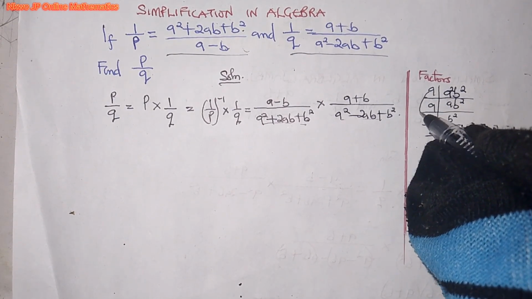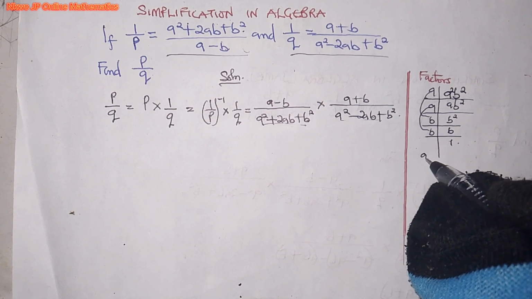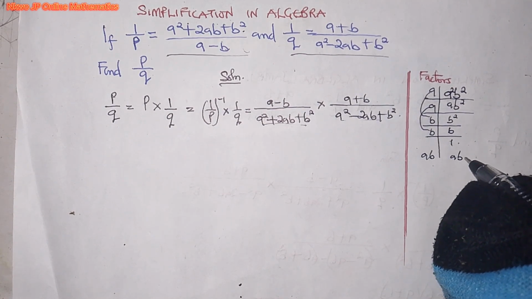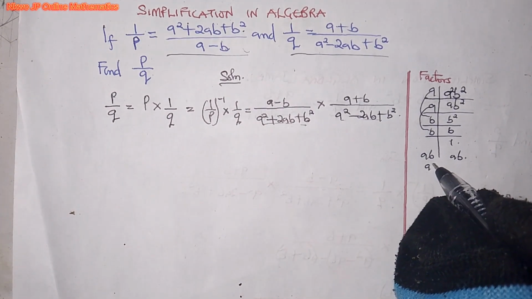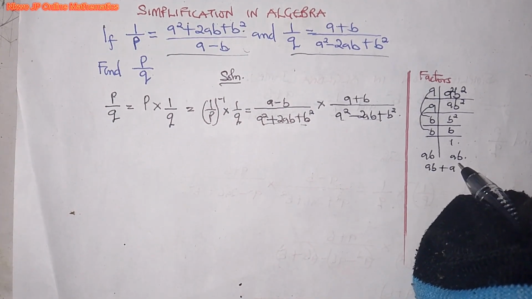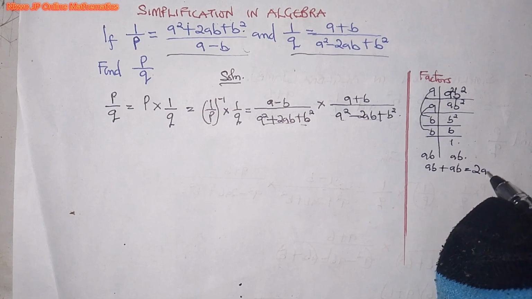So we can now pair them up. We can now see that this is ab and this is ab, but we want to have 2ab. So if we add the ab and ab, we are going to have the 2ab there.